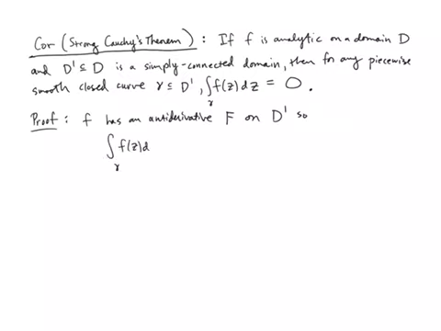Okay. So thus, there is a smallest m, which is a natural number, such that a sub m is not equal to 0. And so there's got to be a first coefficient that's not equal to 0 in the power series expansion.